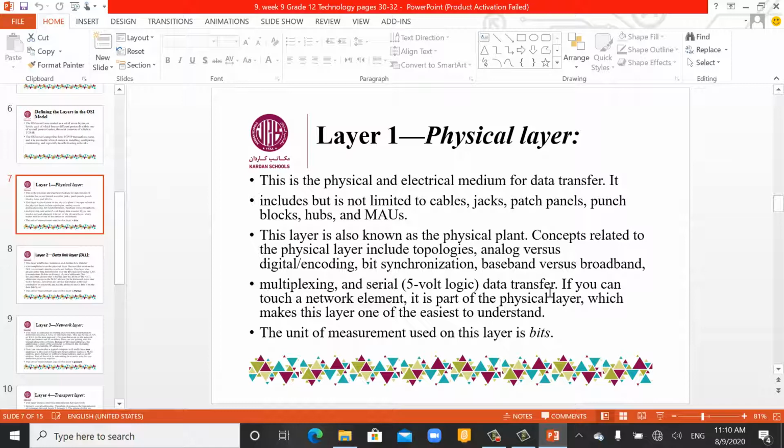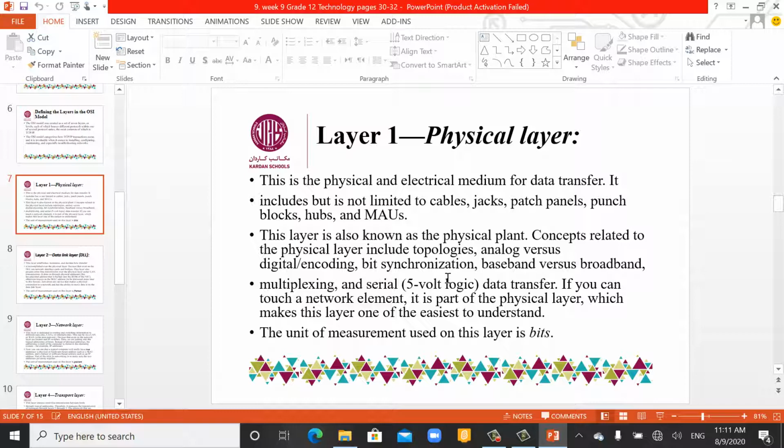In the physical layer, we should consider which topology we use: star, mesh, ring, bus topology, wedge topology, analog versus digital encoding. How analog data is translated into digital data is the work of the physical layer.